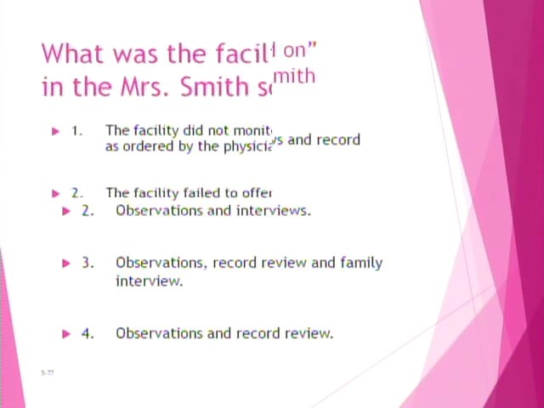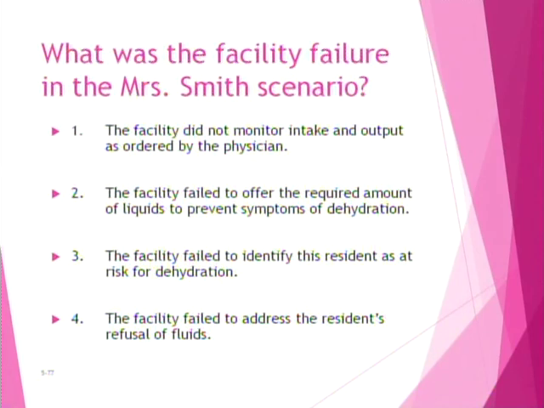Our next question is, what was the facility failure in the Mrs. Smith scenario? Let's look at the options. All right, take a look at those. The correct response is 2. The facility failed to offer the required amount of liquids to prevent symptoms of dehydration.